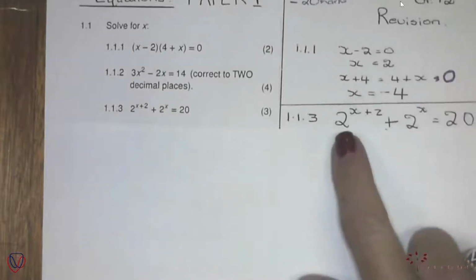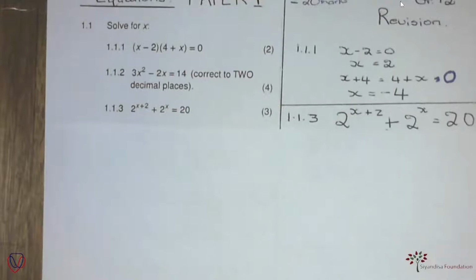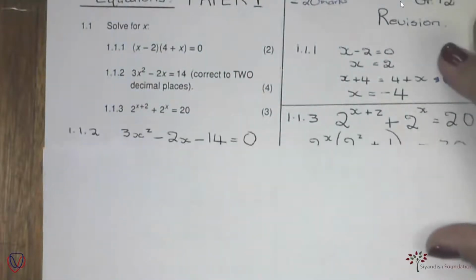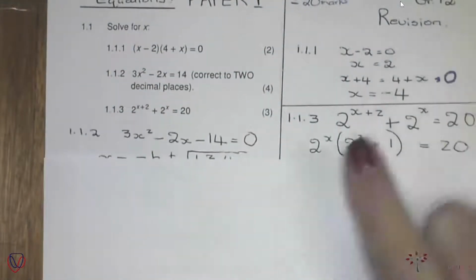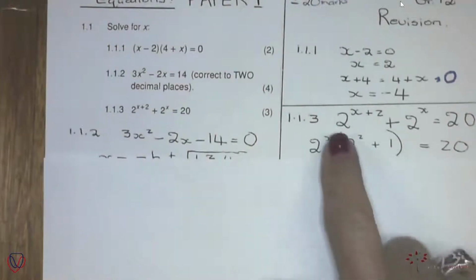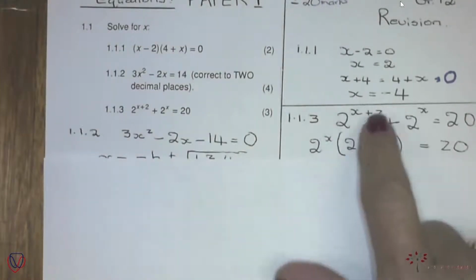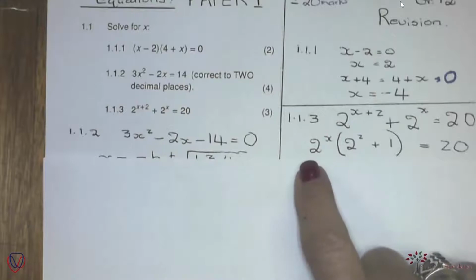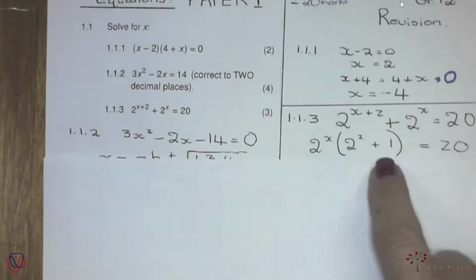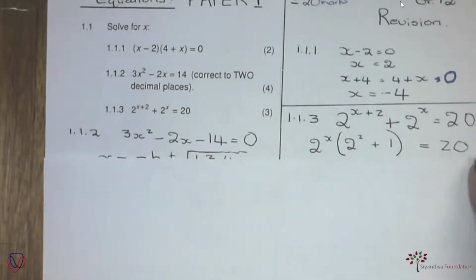Now, this is actually 2 to the x, 2 to the power 2 if you should expand it. And then you take out a common factor, 2 to the x. What is left there? 2 to the power 2. If you divide 2 to the x in here, you're only going to get 1.